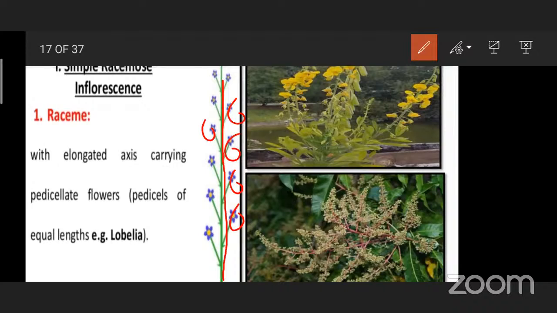These pedicels are of equal length. You can easily understand racemose inflorescence. The flowers upon them alternate one by one. This is the racemose inflorescence.